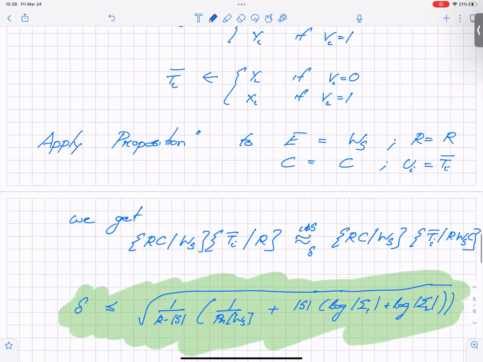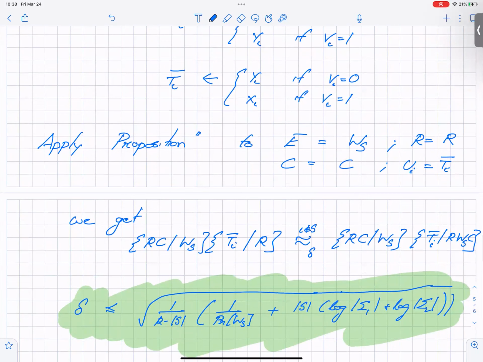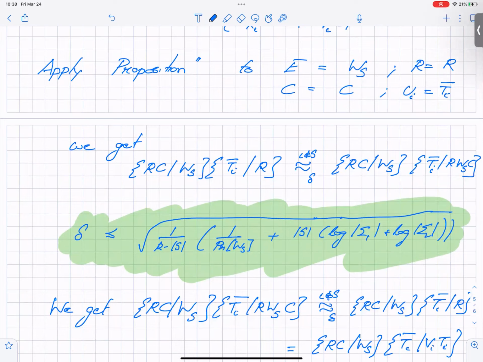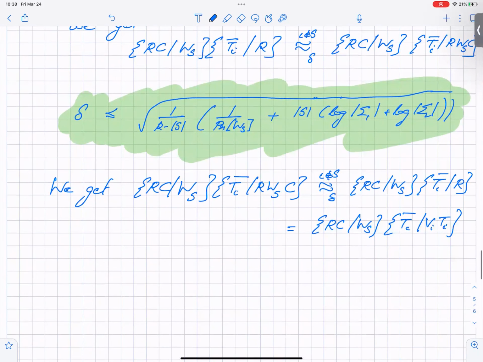When Vi is 0, Ti bar becomes the random variable Yi. That happens exactly half the time. And when I condition on Vi being 0, this approximation should be true with error at most 2 delta, because if it's more than 2 delta, this is an event that happens with probability half.